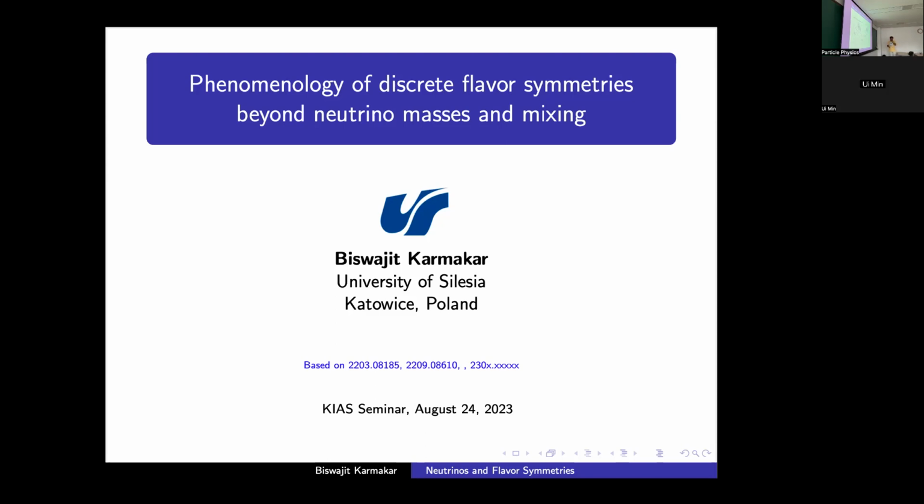This is NuFIT 5.2, and you can see that present data already rule out some part of this correlation between these two oscillation parameters. And here I mention these two parameters because ambiguities are there in them, because we still do not know whether θ23 is greater than 0.5 or less than 0.5, or what is the exact value of δ. So this is basically the present status of TM1 and TM2 mixing.